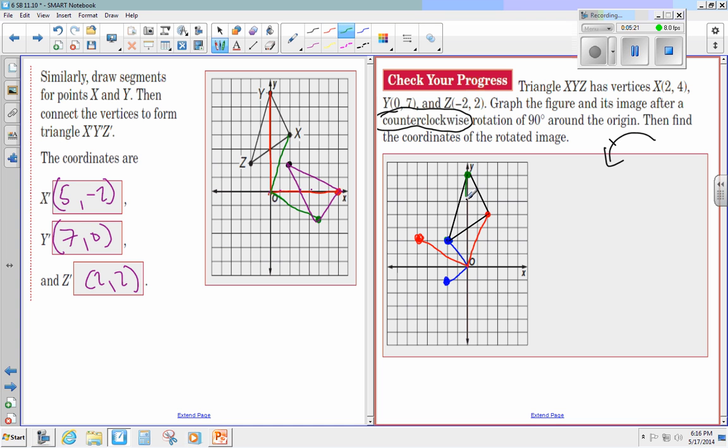This one here, 7, right here. So now I have all the points I need. They're estimated, but hopefully you can see that even our estimated points, the triangle still looks very similar, and we have now rotated it 90 degrees.